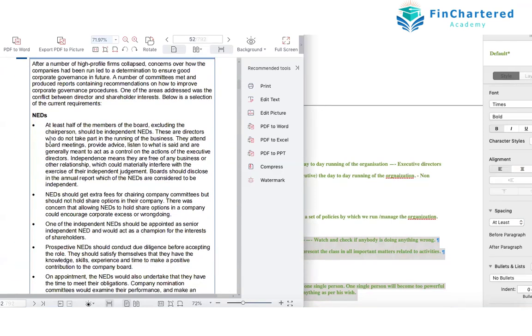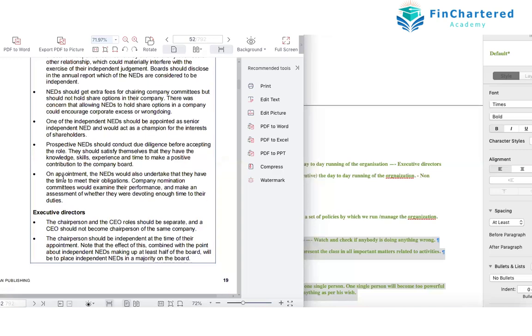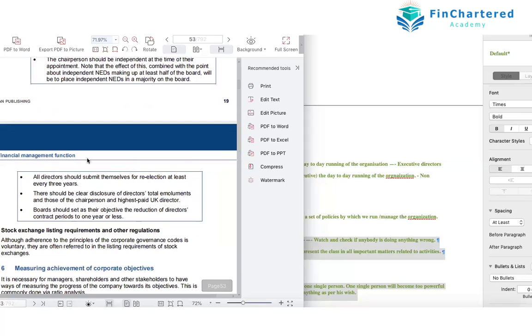Right now, again, we have elaborated on that in more detail in this box.